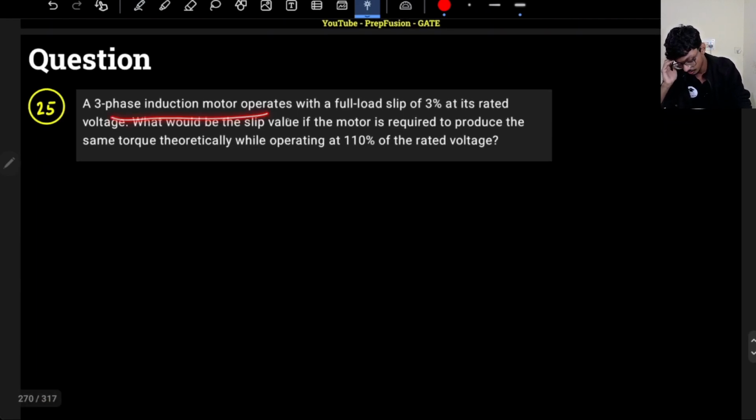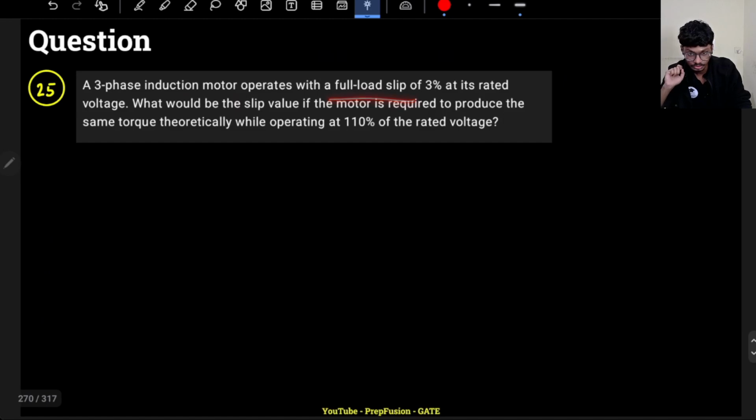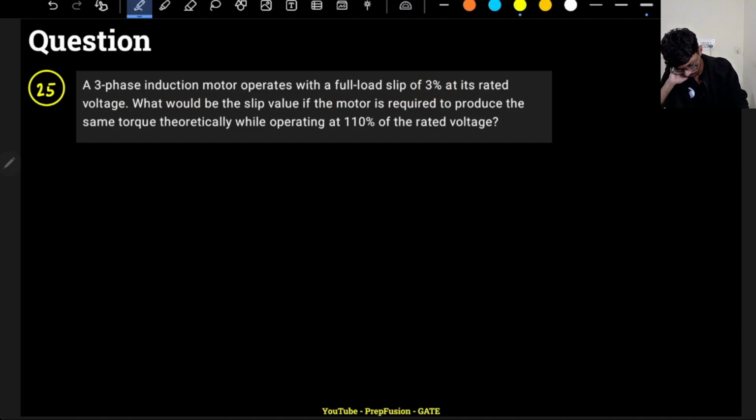A three-phase induction motor operates with a full load slip of 3%. So full load slip is 3%, that is 0.03, and it operates at rated voltage, V equals V rated.